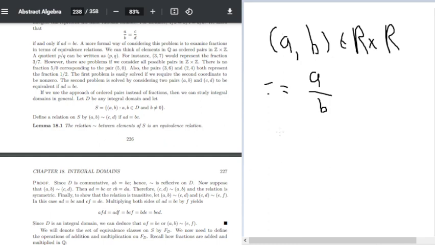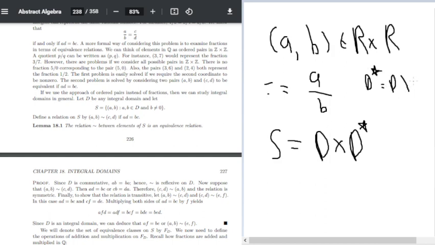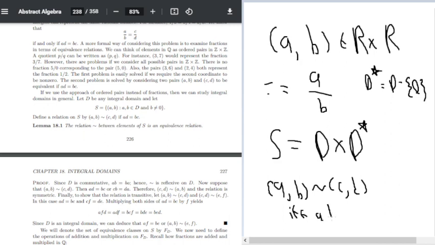So we'll write S is equal to D times D star, where D star is equal to D minus 0. And we define (a, b) is similar to (c, d) if and only if ad is equal to bc.